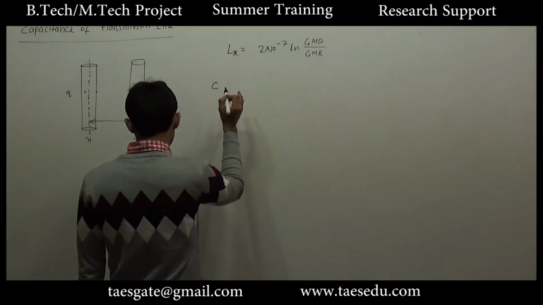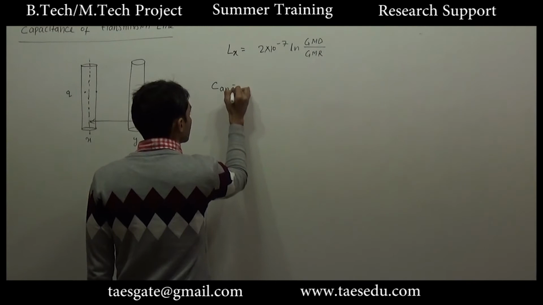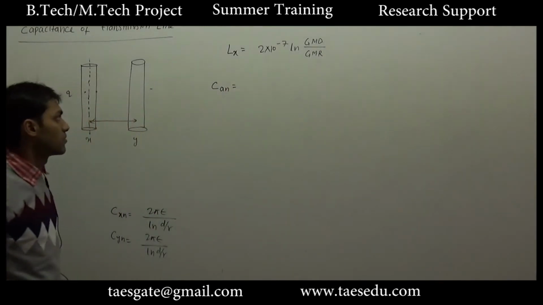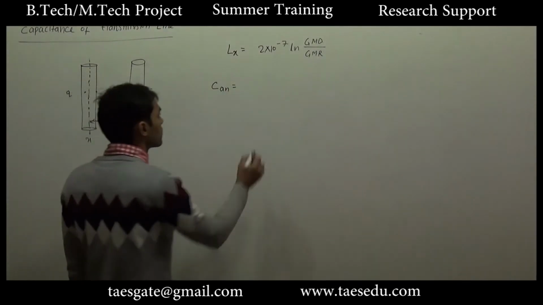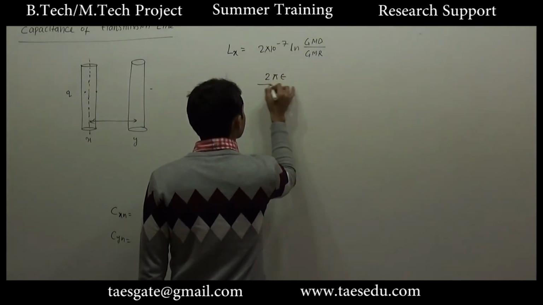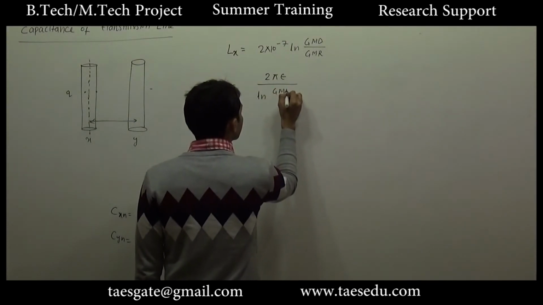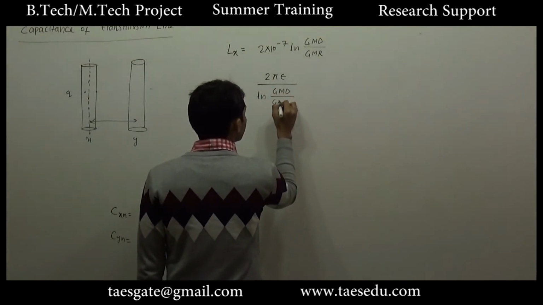Per phase capacitance, let's say line A and neutral. The formula for per phase capacitance in any system will be 2 pi epsilon divided by ln GMD divided by GMR.